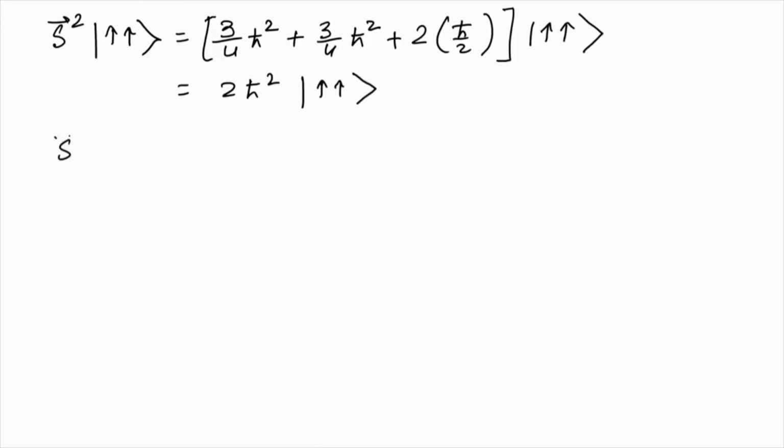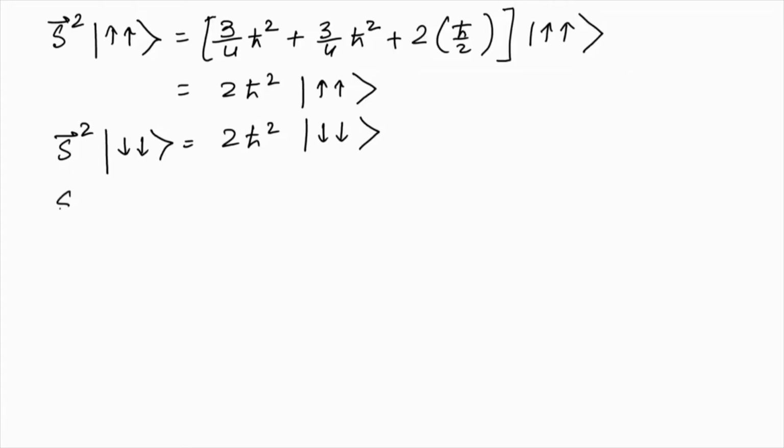And similarly, for the down down state as well, one gets the same answer by doing the same technique. One gets this acting on the down down state will give us 2 h cross square and down down.